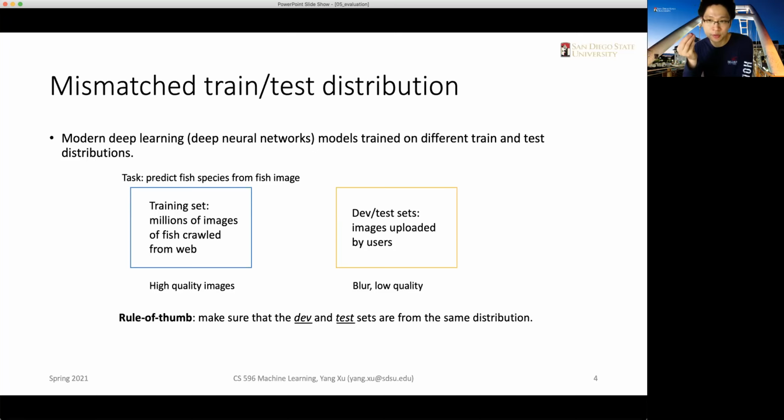So we use that little dev set to apply the model and report its performance in terms of metrics like accuracy, recall, F1 score, and the loss, right?